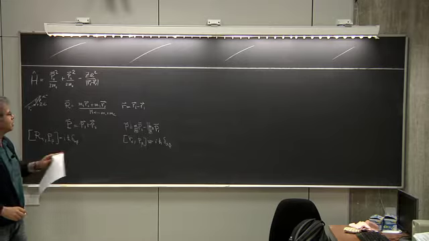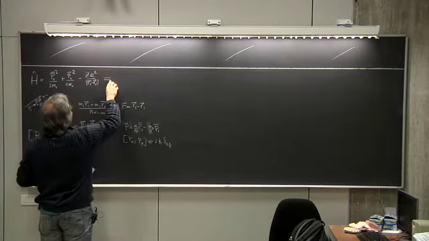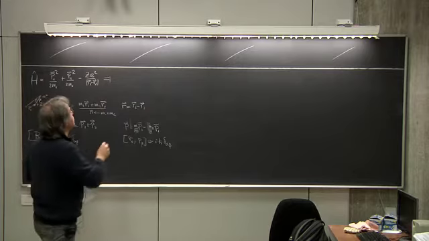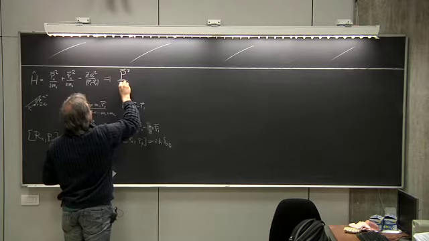Now, it is in terms of this object that you can rewrite the Hamiltonian into P square over twice the total mass.